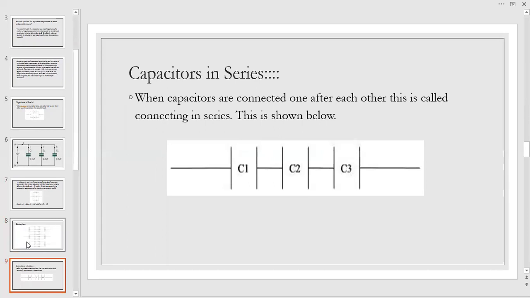Capacitors in series. When capacitors are connected one after each other, this is called connecting in series. This is shown below.